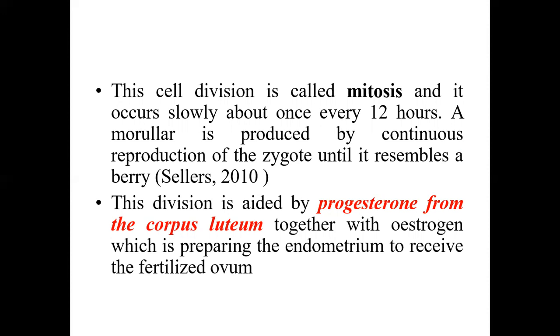Remember, during menstruation, estrogen will be used in building up the inner lining, the nourishing of the endometrium, so that when implantation has occurred, the developing ovum will have nourishment.